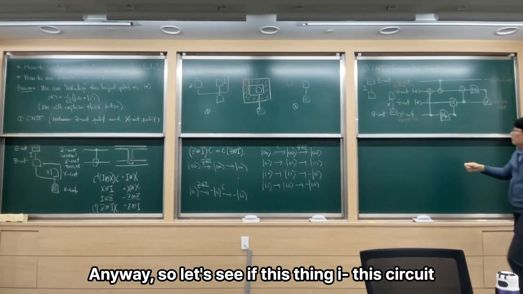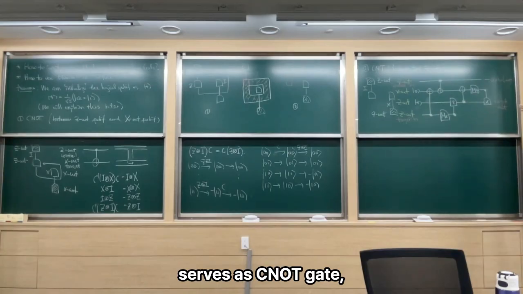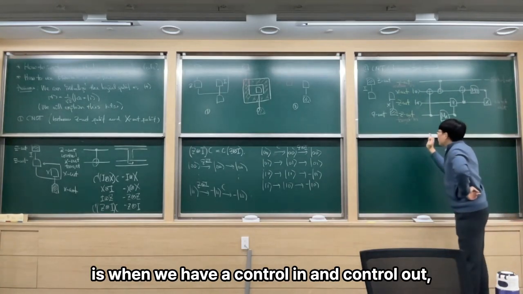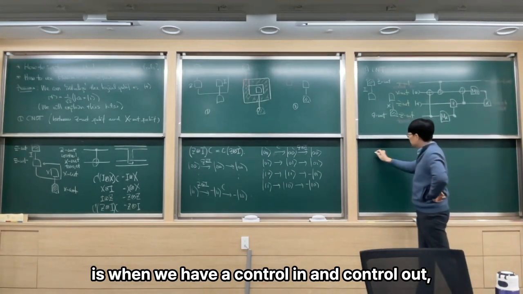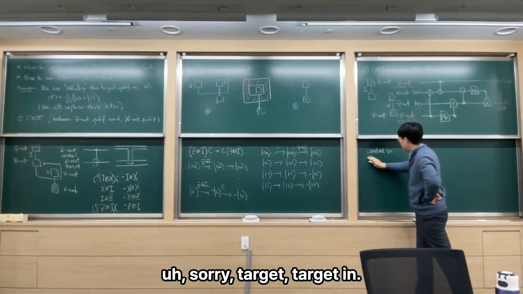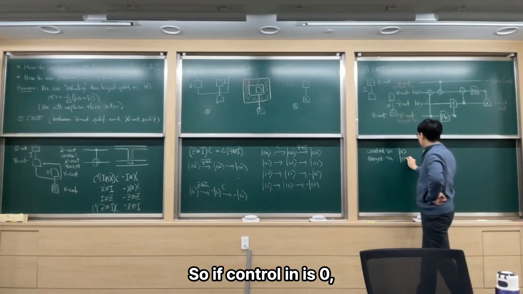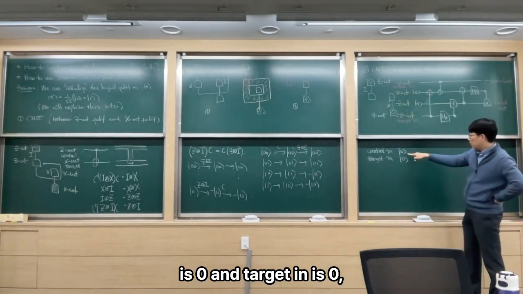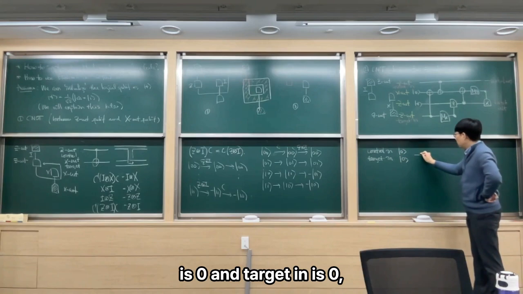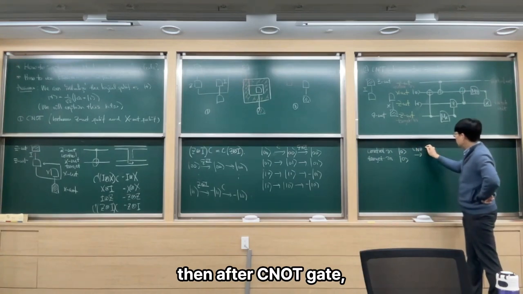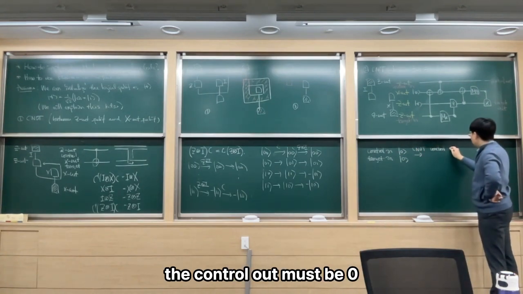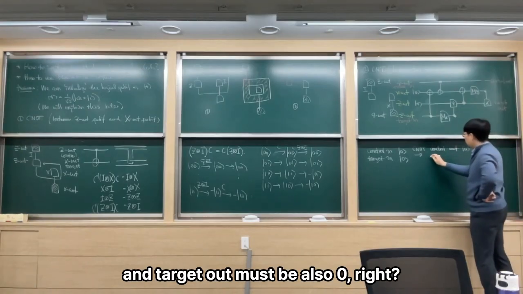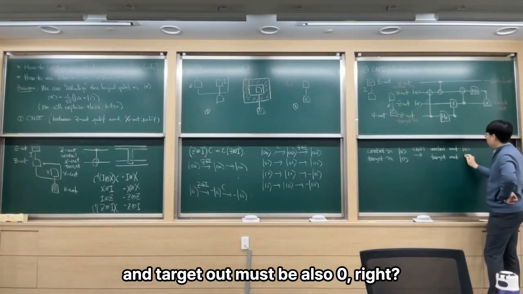Anyway, if this circuit serves as a CNOT gate, then what we could expect is, when we have control in and control out, target in: if control in is 0 and target in is 0, then after the CNOT gate, the control out must be 0 and target out must also be 0.